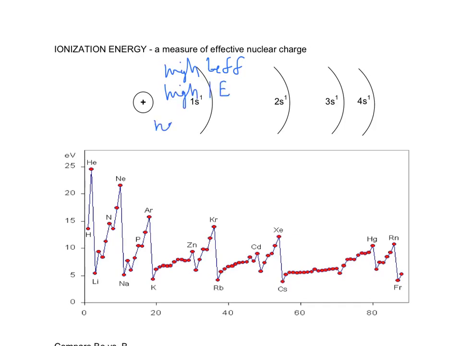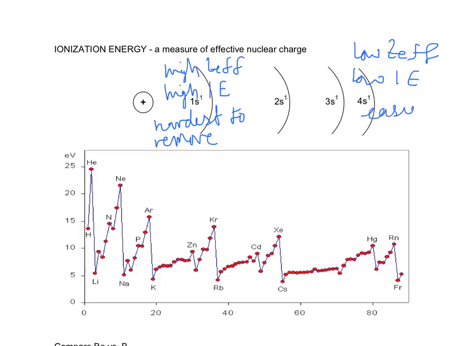So the electrons here would be the hardest to remove. If you look at the fourth energy level, relatively speaking, compared to the first energy level, these would have low Zeff, and so low ionization energy. So these would be the easiest to remove.